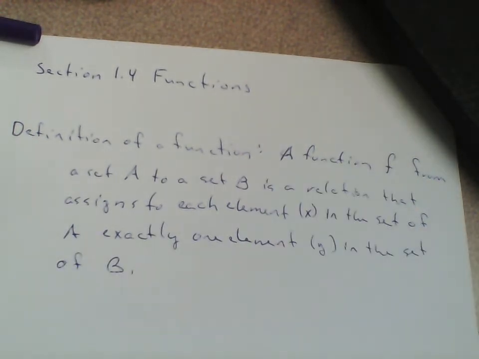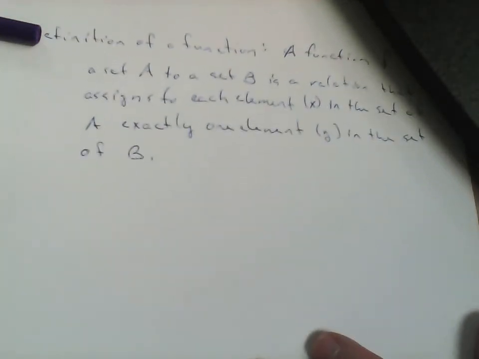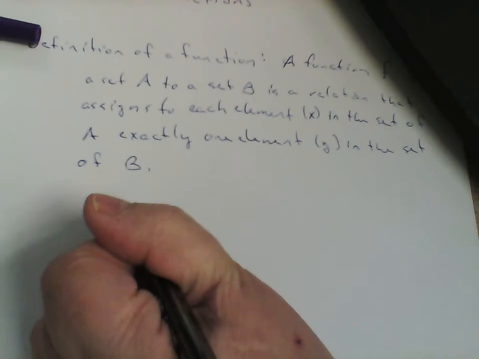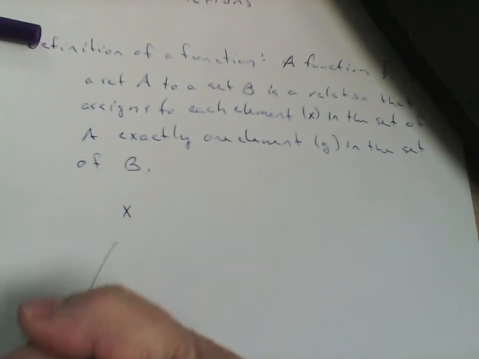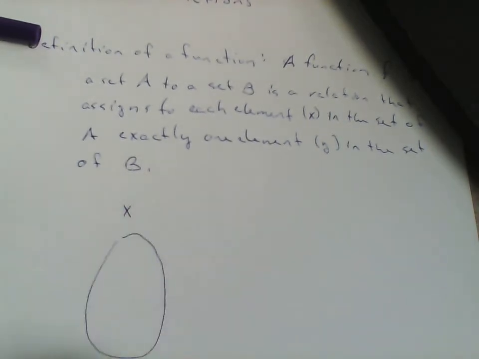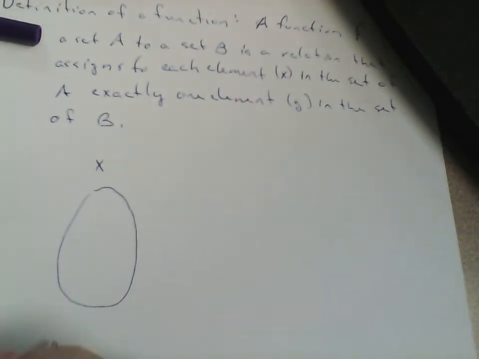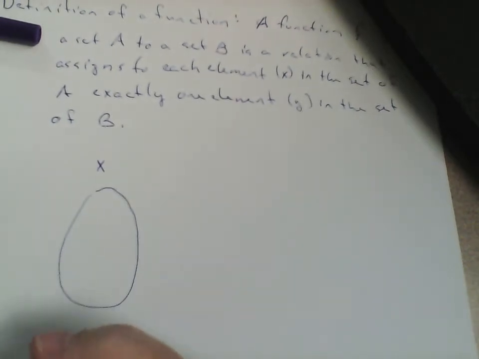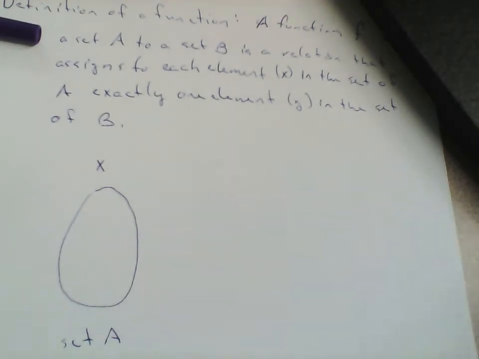Now, what that means is if I have, say, all these possible values of x, right? They fit into what is our set A, right? Anything x could be. It's whatever we're calling our input, but more often than not, you're going to see things like f of x or g of x.